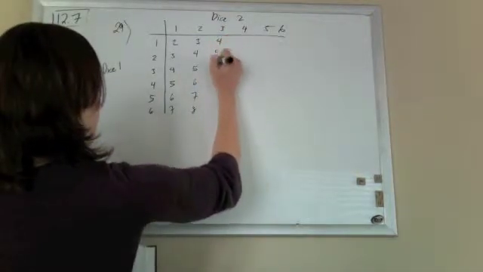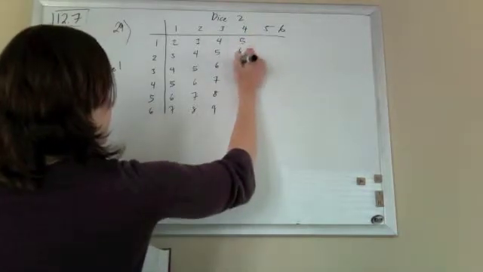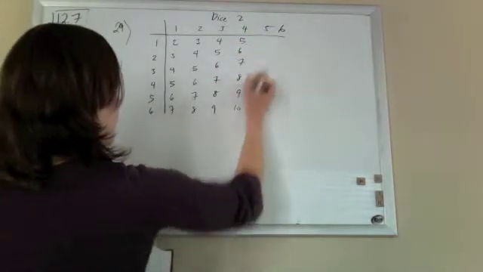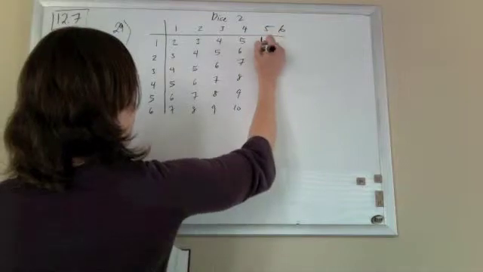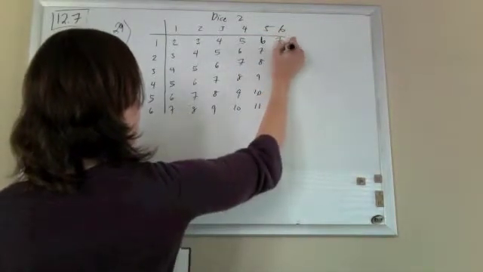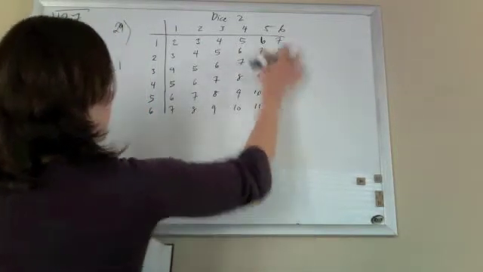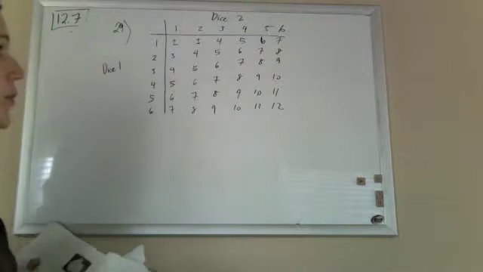And we just keep filling in the chart. 5, 6, 7, 8, 9, 10. 6, 7, 8, 9, 10, 11. 7, 8, 9, 10, 11, 12. So there's my sample space.